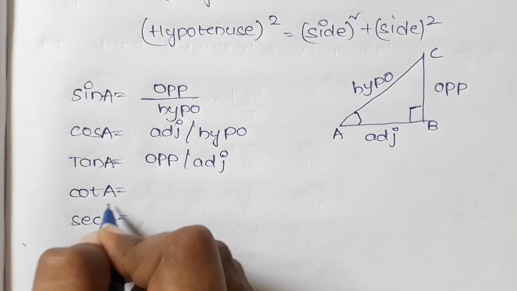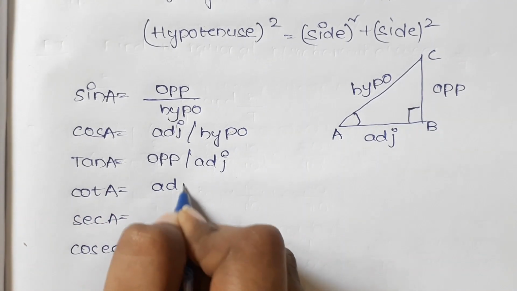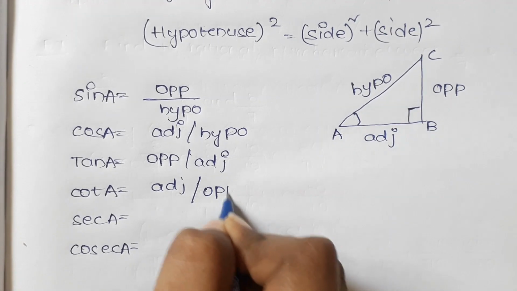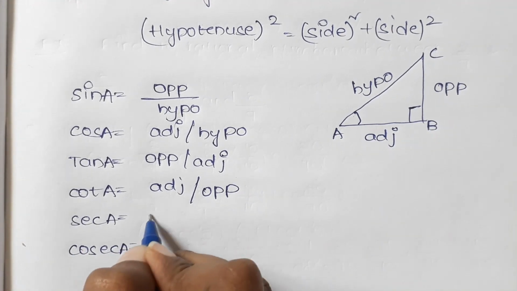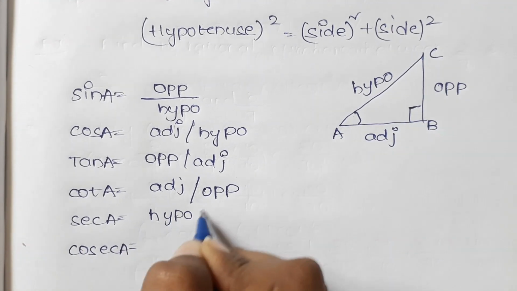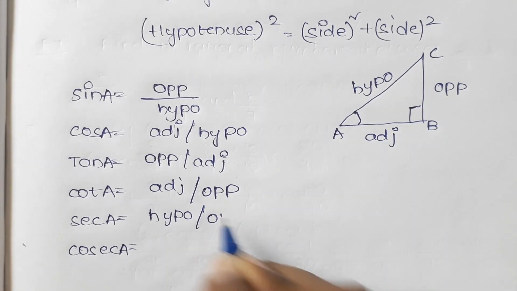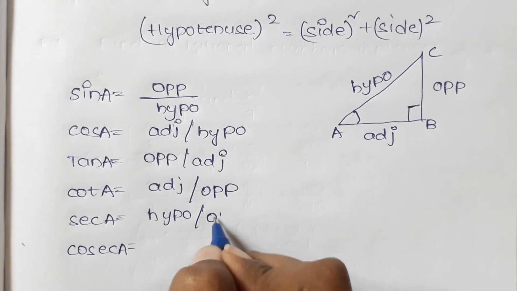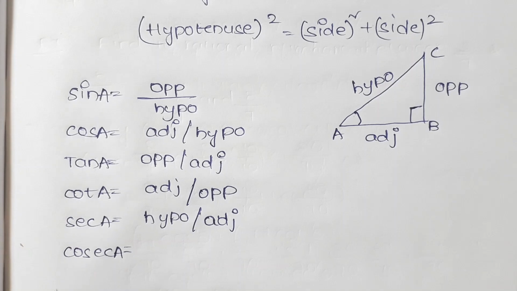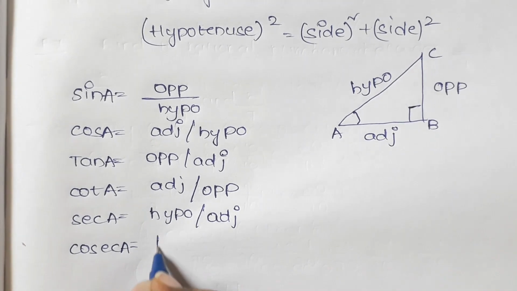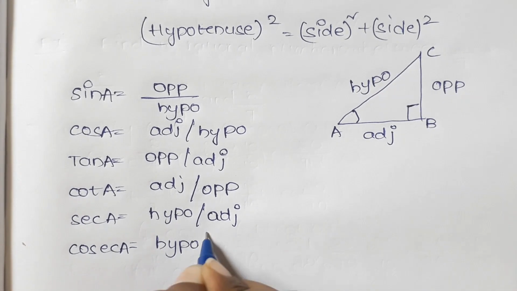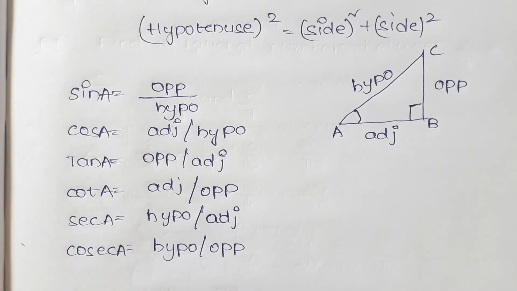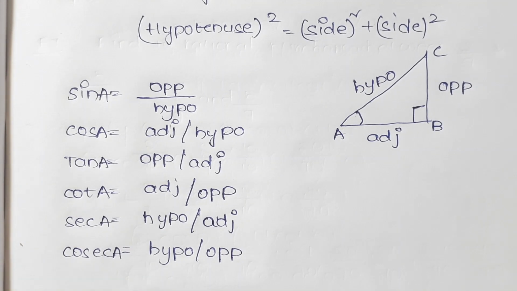Cot is the reverse of tan, that is adjacent by opposite. Secant is hypotenuse by adjacent. Similarly, cosecant is hypotenuse by opposite, the multiplicative inverse of sine. And these are the formulas.